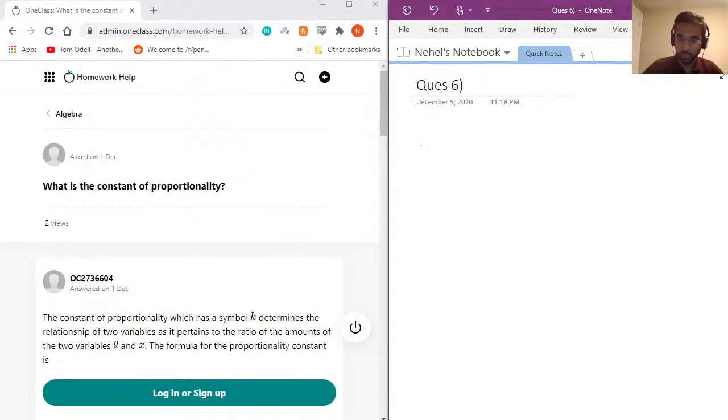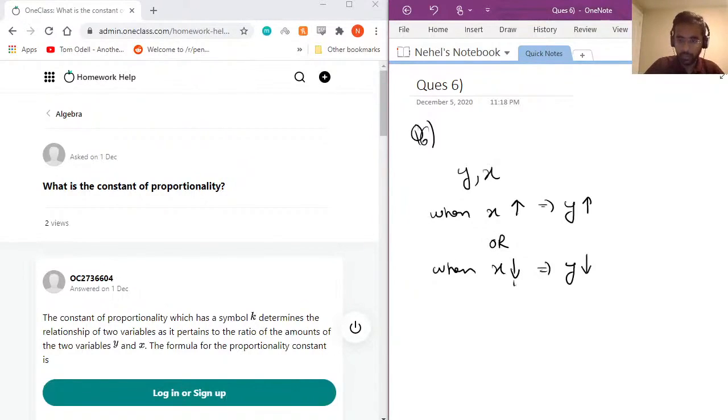So for example, if we have two variables x and y, and when x increases, y also increases, or when x decreases, y also decreases.